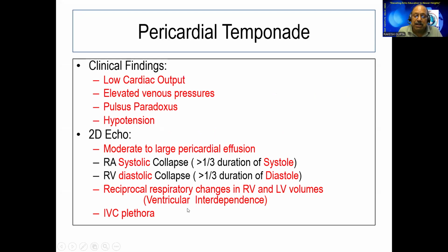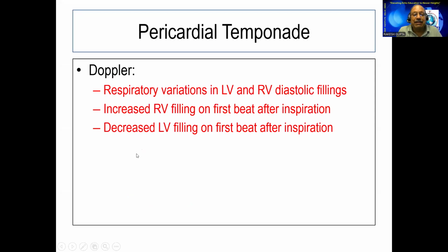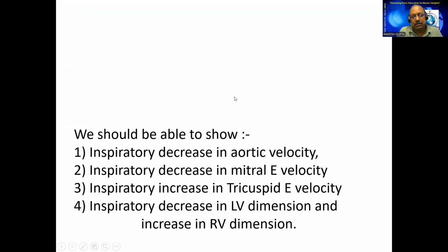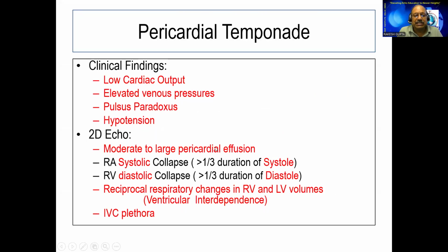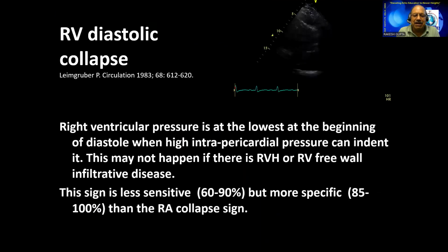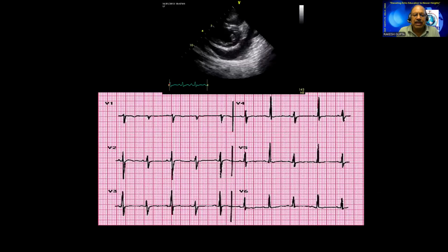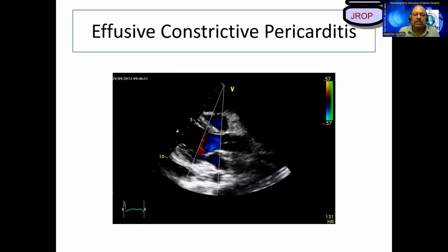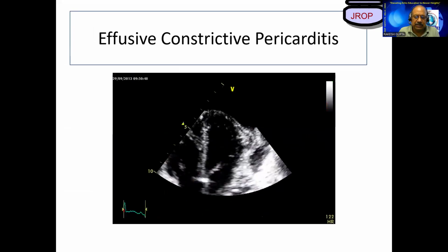But we find respiratory variations in RV and LV volumes. IVC is plethoric, and there is respiratory variation in Doppler flow pattern across these particular chambers. And when we see this Doppler flow pattern along with these chambers, and we look at the findings of thickened pericardium along with pericardial effusion, we start suspecting effusive constrictive pericarditis.